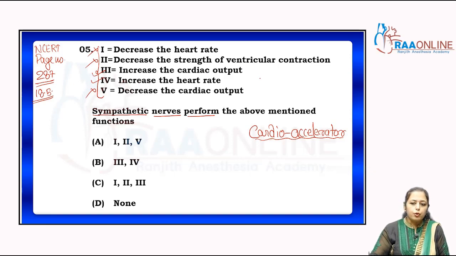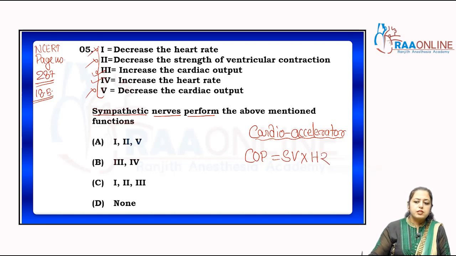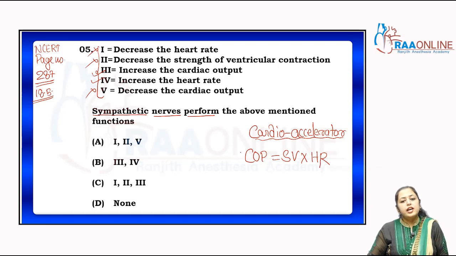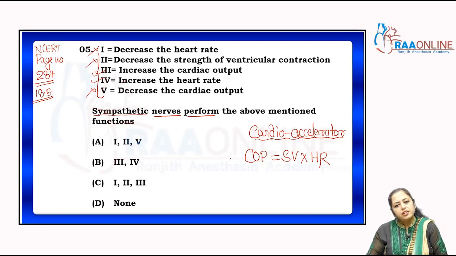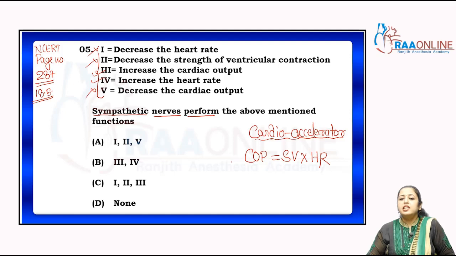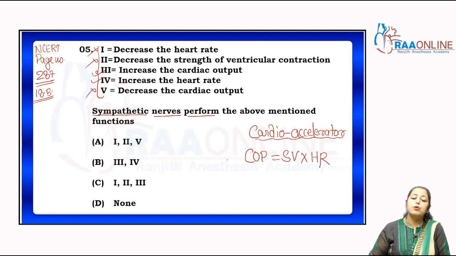Because we know that the cardiac output formula is stroke volume into the heart rate per minute, right? Clear? So that's why if the heart rate increases, then automatically cardiac output also increases, right? So the correct answer is the third option.